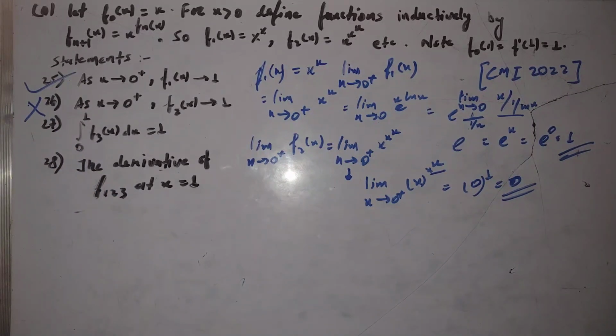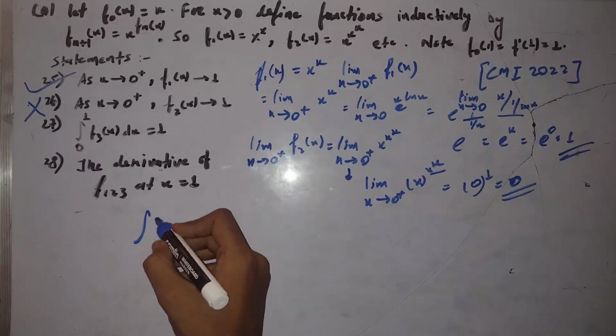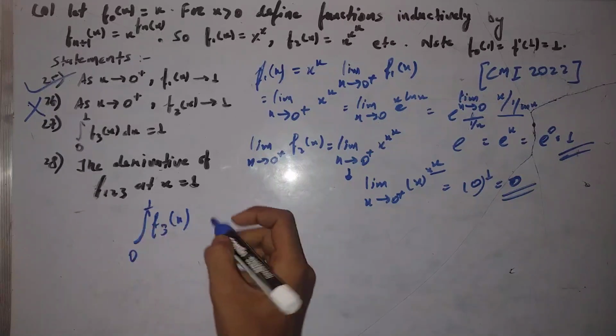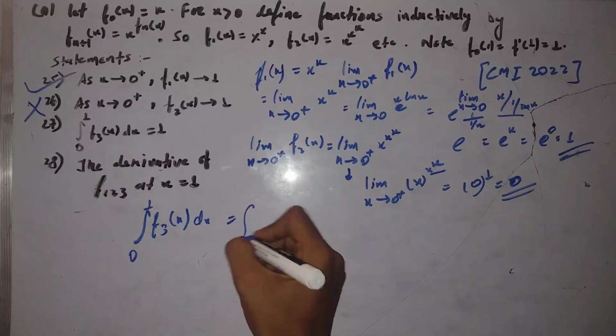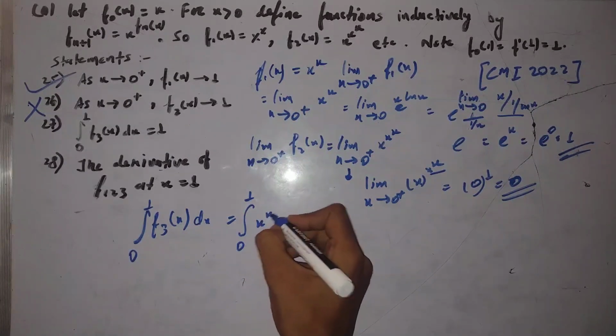Let's talk about statement 27. Here we have to find the integral of f3(x) from 0 to 1 dx, which is actually equal to the integral from 0 to 1 of x to the power x to the power x.